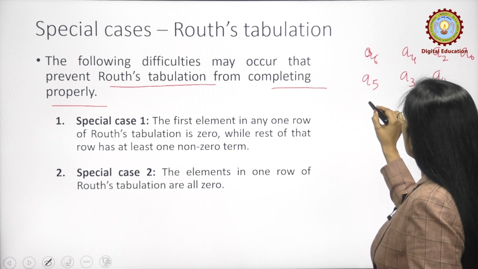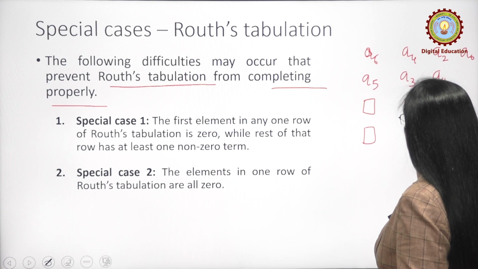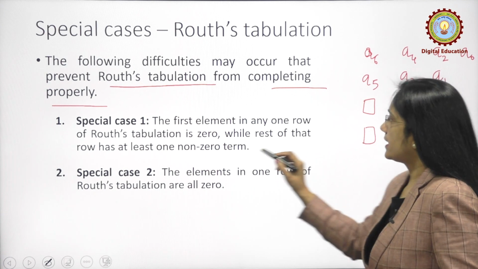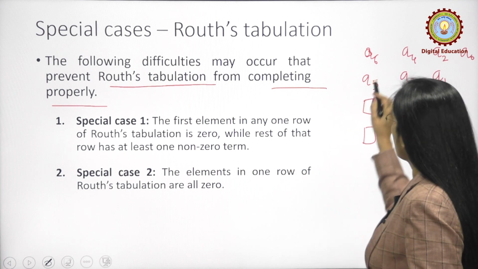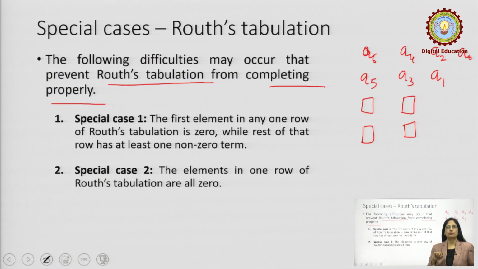Now, maybe the first element of any one row of the Routh's tabulation is 0. In that case, if one of the elements is 0 while the rest are non-zero elements, we cannot go ahead with the tabulation because a 0 has appeared.